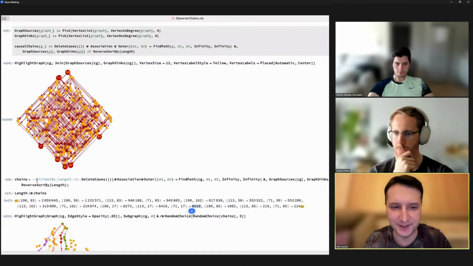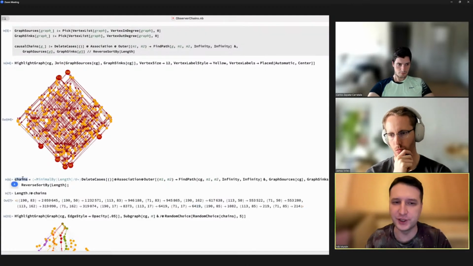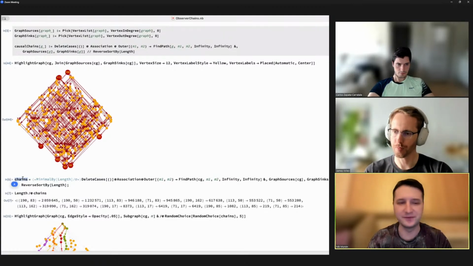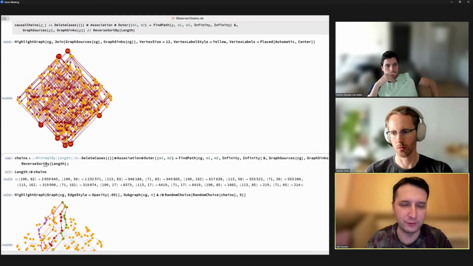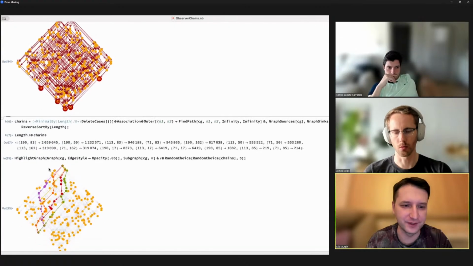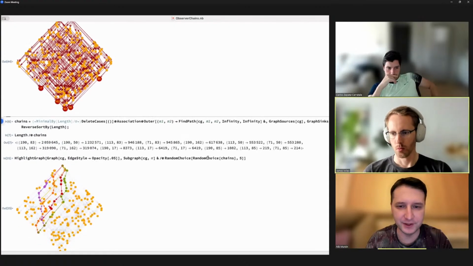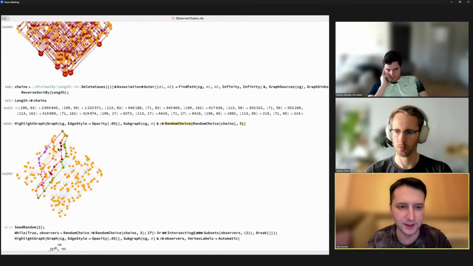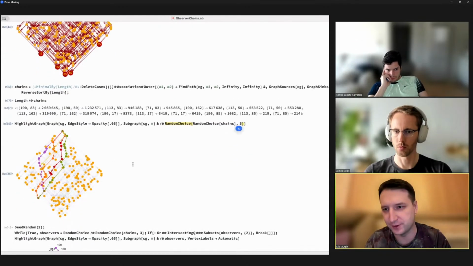So basically, this is the variable that enumerates all possible observers for this particular graph, right? So that you can actually work with it. So it's not very large. Right? This is just a sample. You literally take a random pair of sources and sinks, and then just take a sample. Nice, 5 observers here. Just draw them.